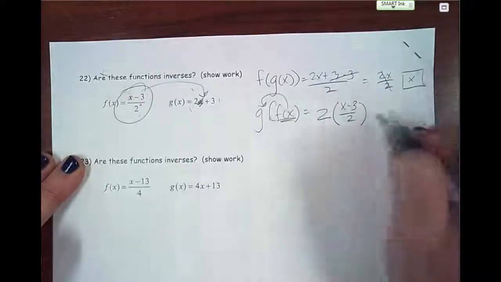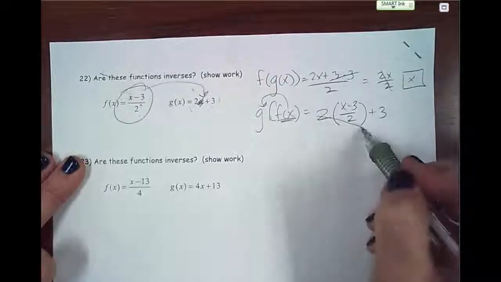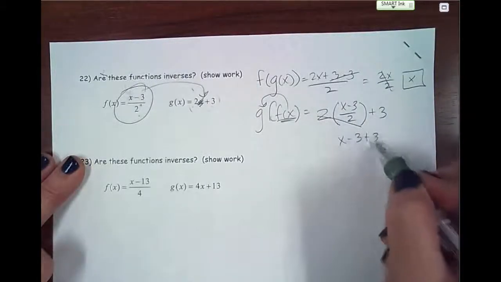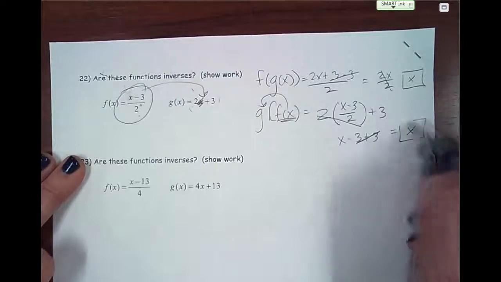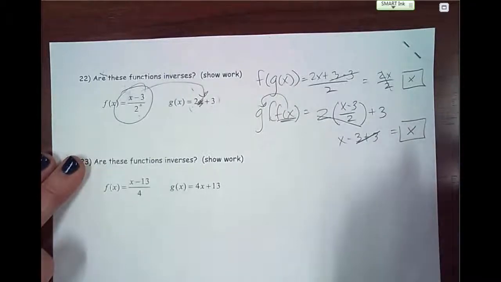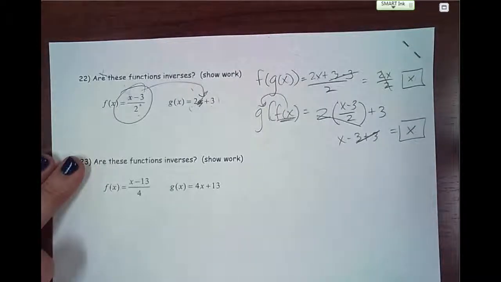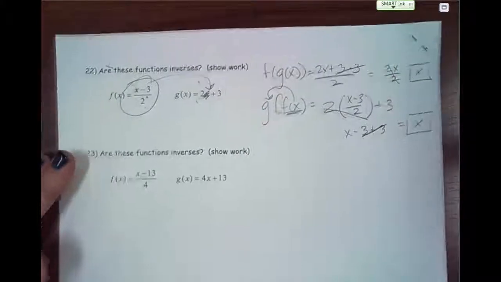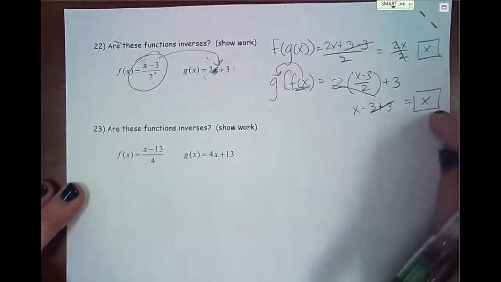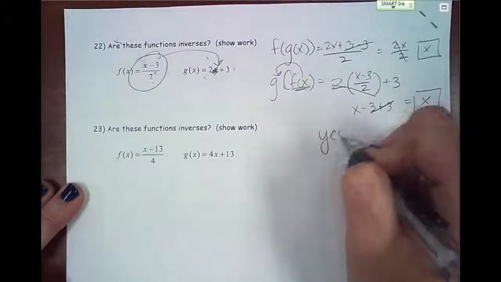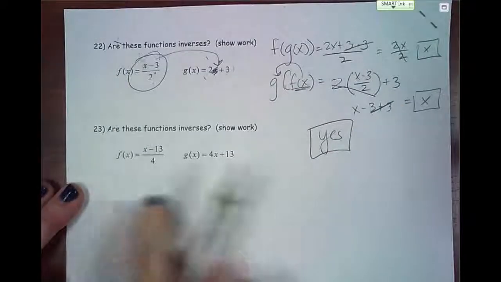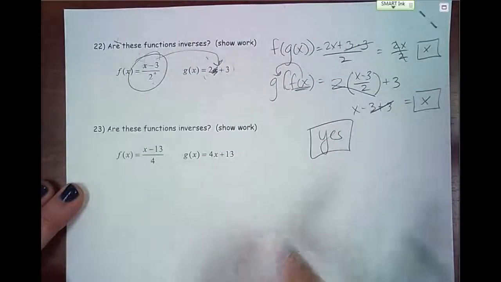Don't forget about your plus 3. Drops, x minus 3 plus 3, goes away, and you get x. Okay? Therefore, they both were x, and you're going to get a yes. Guys, for time on the video, you get yes here also, but I'm going to move on real quick.